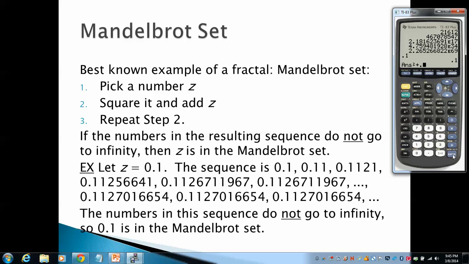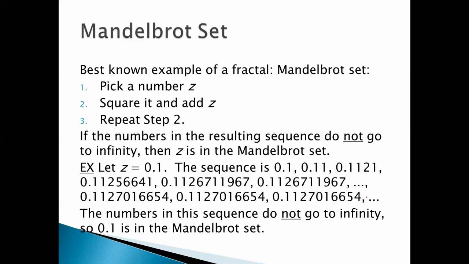Okay, answer squared plus 0.1, 0.11. So then it squares that, then adds 0.1, and gets this. You just keep going. And notice that eventually we zero in on 0.1127016654. The numbers in this sequence do not go to infinity, so 0.1 is in the Mandelbrot set.